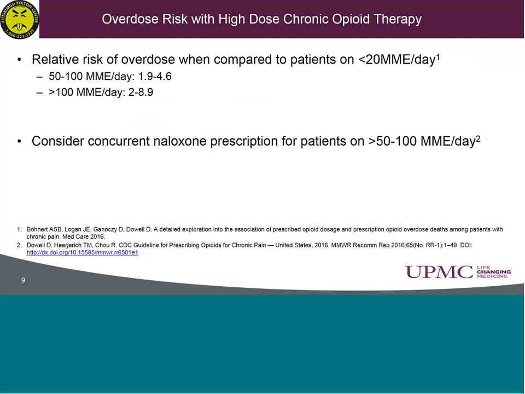And this isn't necessarily death, but of overdose, and also an increased risk of death compared to people on lower doses of opioids. The CDC recommends that at greater than 50 to 100 morphine milligram equivalents per day, people should probably be co-prescribed or provided naloxone, either to themselves or to their family or both, to respond to an accidental overdose. And this is cutting out intentional overdoses.